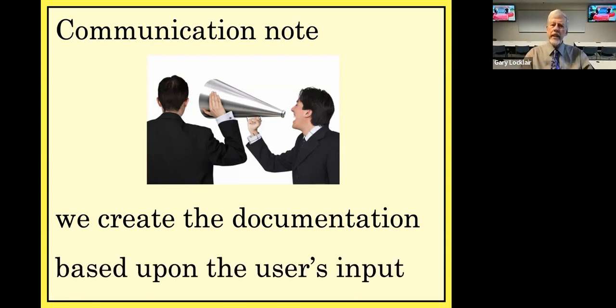We create the documentation based upon the user's input. Software engineering is all about communicating with the client and the user. There's no way for you to figure out or read the user's mind. You're going to have to communicate with the user.